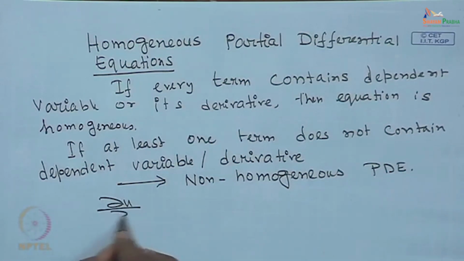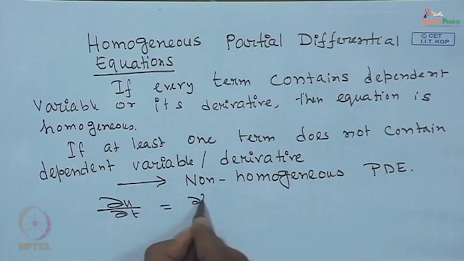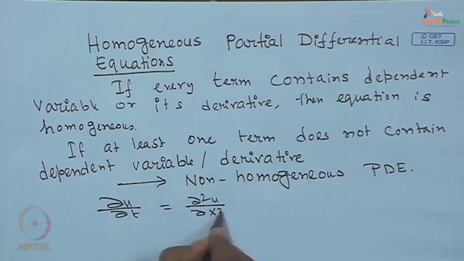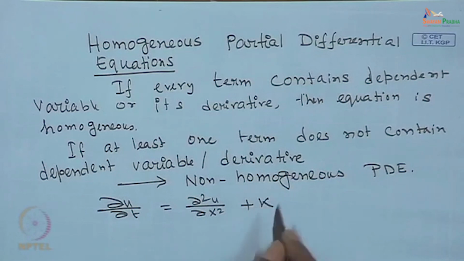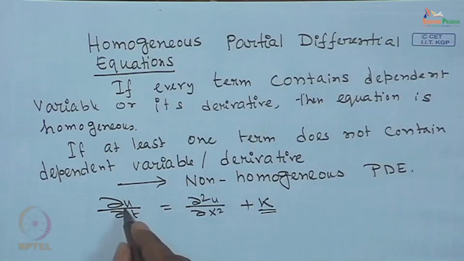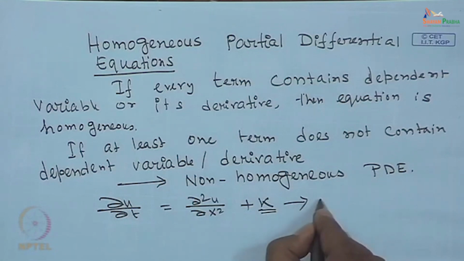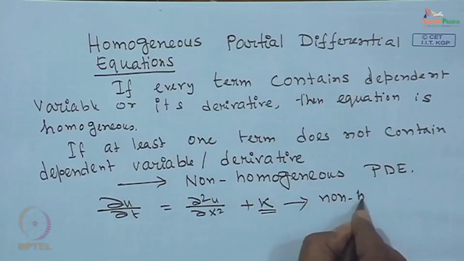Del u del t is equal to del square u del x square, some constant k. Now, in this equation, this term constant k does not contain the dependent variable u or its derivative. So, because of this, the equation becomes non-homogeneous.